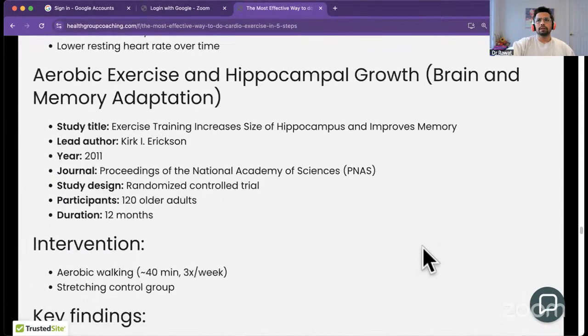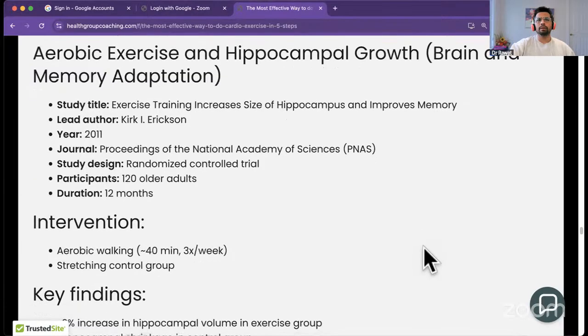This is a very interesting study which showed that people who do steady state cardio actually improve their brain and their memory. There's a 12-month study that compared people doing a 40-minute brisk walk 3 times a week to another group just doing stretching.